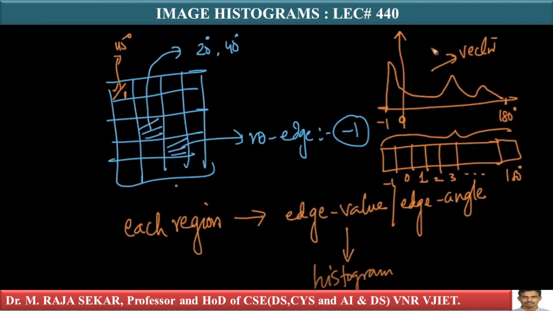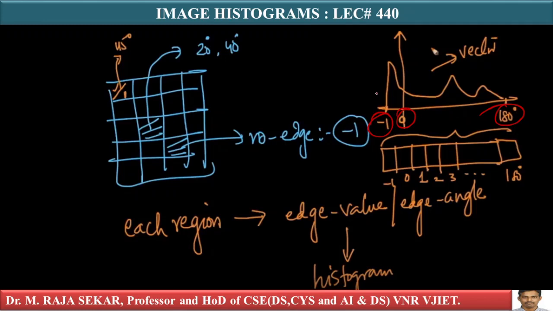Histogram looks like this, isn't it? I could have a -1 value wherever there is no edge, and let's say 0 degrees to 180 degrees. It might so happen that the data looks like this, isn't it?